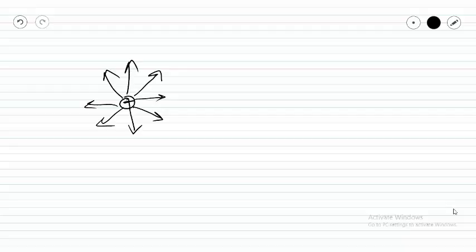So what is the reason behind drawing these lines like this? Actually these are imaginary lines. Why do we draw these lines like this? Now consider a positive charge.